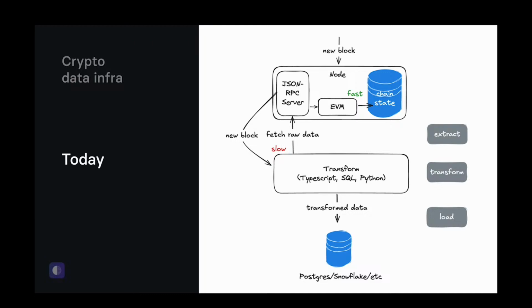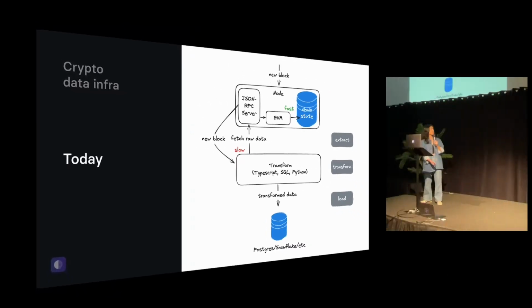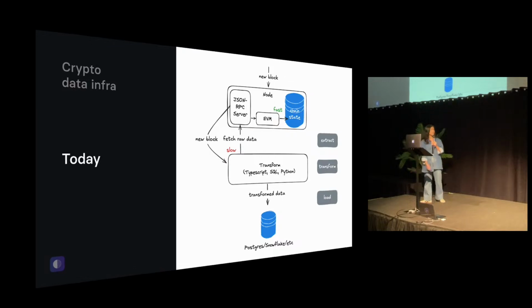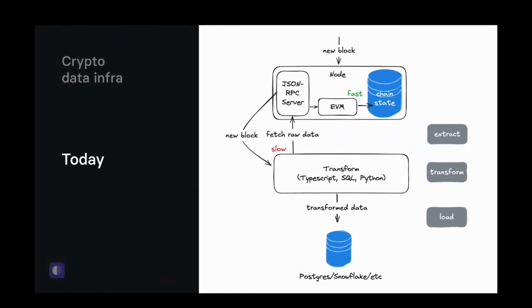So you might do this in TypeScript or SQL or Python within a framework like subgraphs, for example. And this is your transform step. And then finally, you write all that transformed data into a data store like Postgres or Snowflake, and this is your load step. So there's some drawbacks to this architecture.